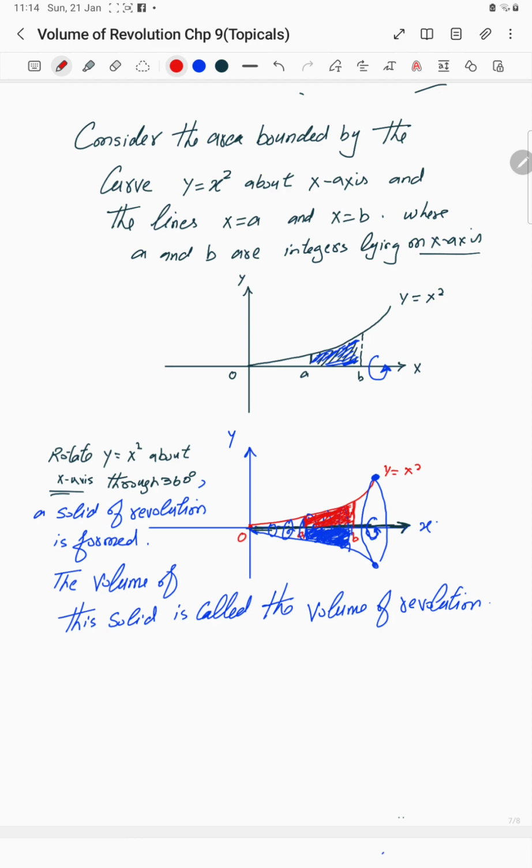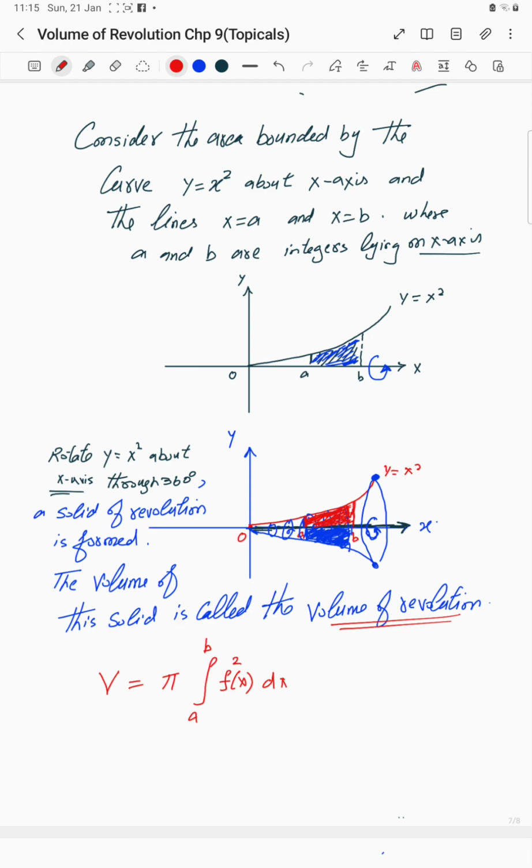Similarly, we can write the rule, the formula, to find the volume of revolution for this single curve. That will be defined as V is equal to pi times the integral, over the region it is lying between a and b for the above case, of f of x squared, because the integral of the area will always give you the volume.